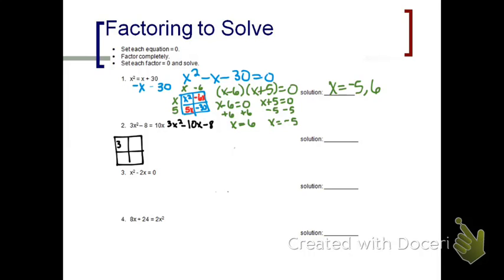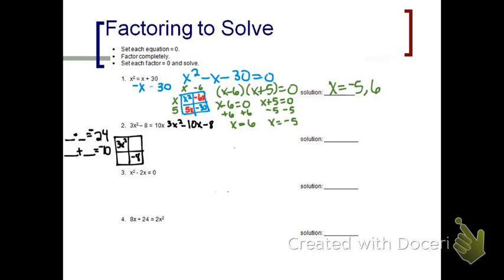Right here I'm going to put 3x squared, and right here I'm going to put negative 8. Now I am looking for the factors of negative 24. Where did I get negative 24? From multiplying 3 and negative 8. And I want them to add to be what? Negative 10. So what are the factors of negative 24 that add to make negative 10?